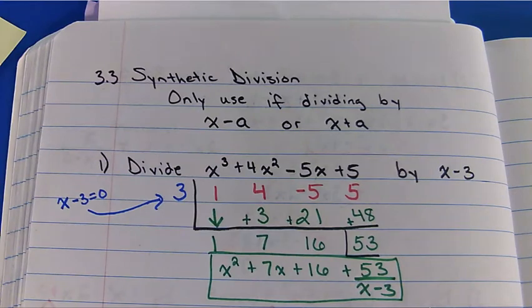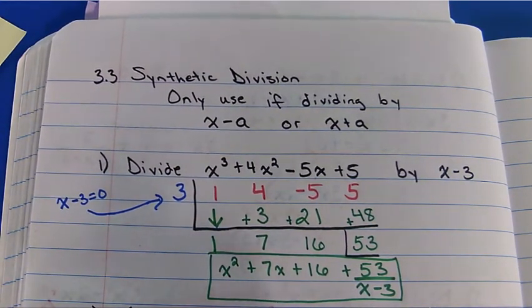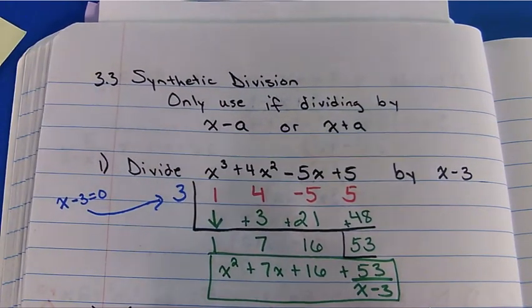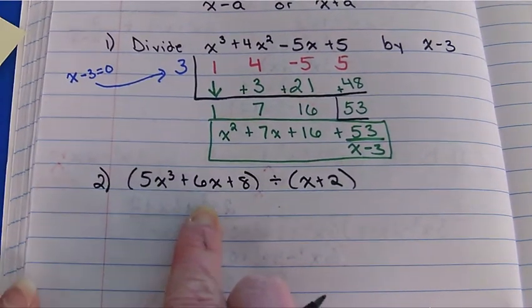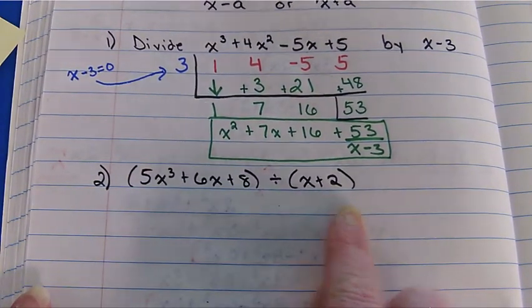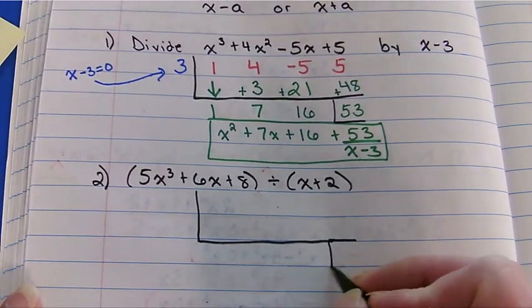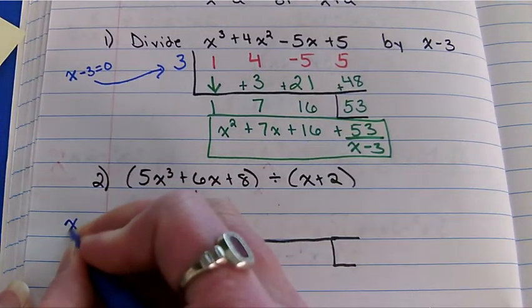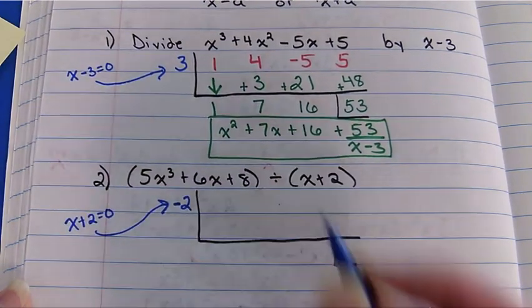Let's do another one. So we're going to divide 5x cubed plus 6x plus 8 by x plus 2. I'm going to make my box. x plus 2 equals 0, I get a negative 2.